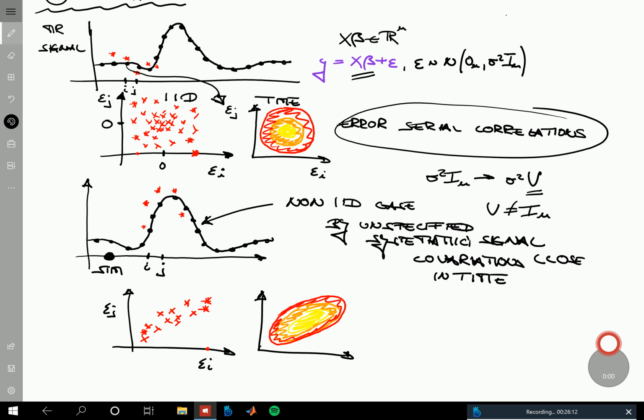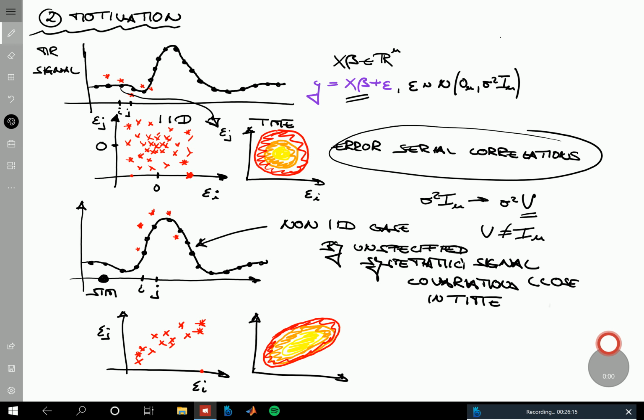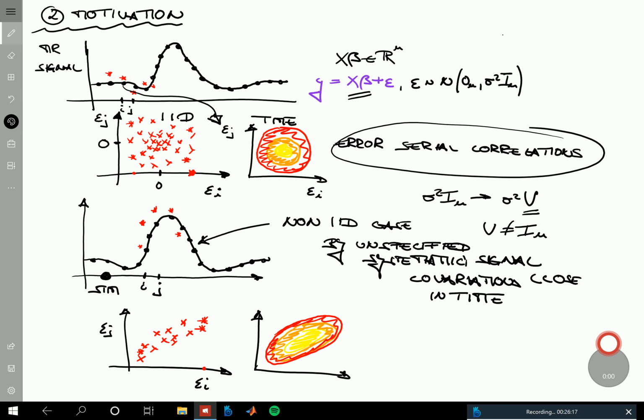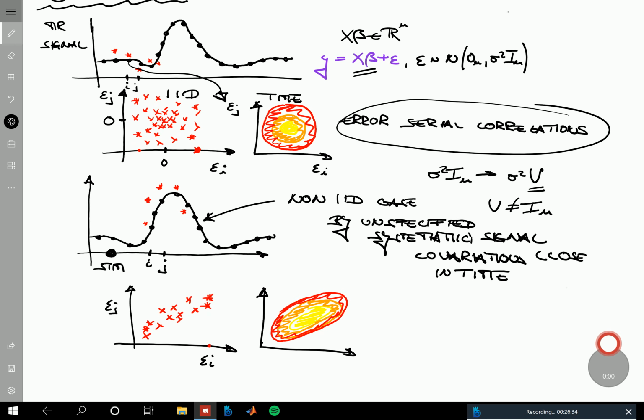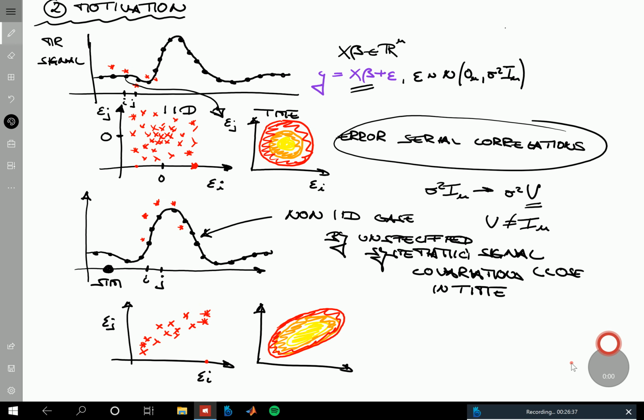Well, and we will get back to more specified and more specific error covariance matrix parameters soon. However, to get started with the whole thing, we now essentially assume that our error covariance matrix is not the identity matrix times sigma square, but a non-identity matrix, positive definite, and we look at the effect.